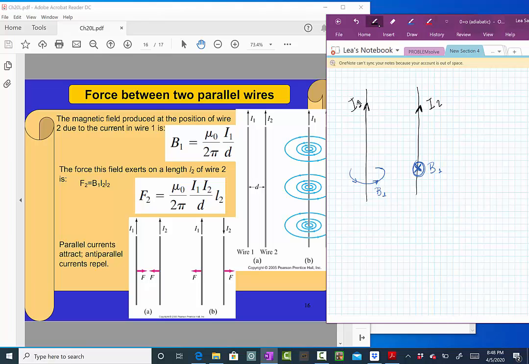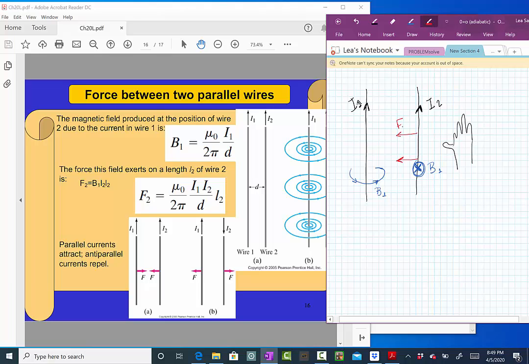Well, we are going to put our four fingers following the direction of the current I2, so pointing up. Where is the direction of the palm? The palm is into the page because that's where B1 is. So I get the thumb to the left. So I know that here on the wire I2, I have this force everywhere.